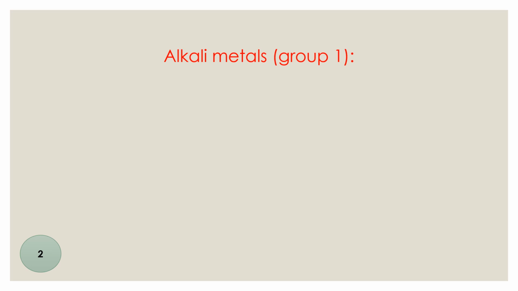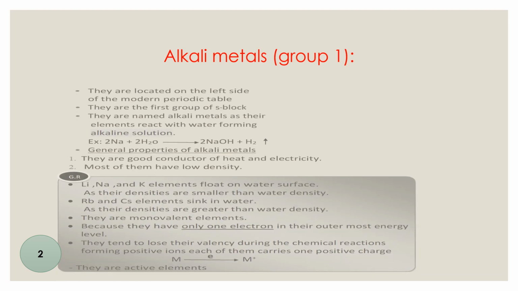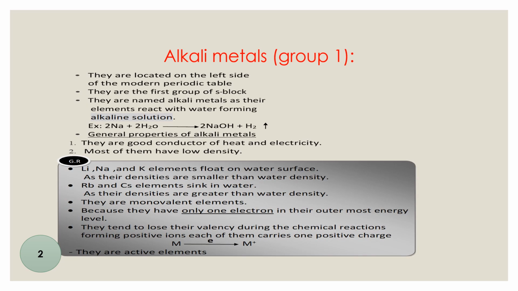Next, we will start with the first group in modern periodic table, which is called alkali metals. First, they are located on the left side of periodic table, and they are found in S block. They are named alkali metals. Why? Because their elements react with water, forming alkaline solution.